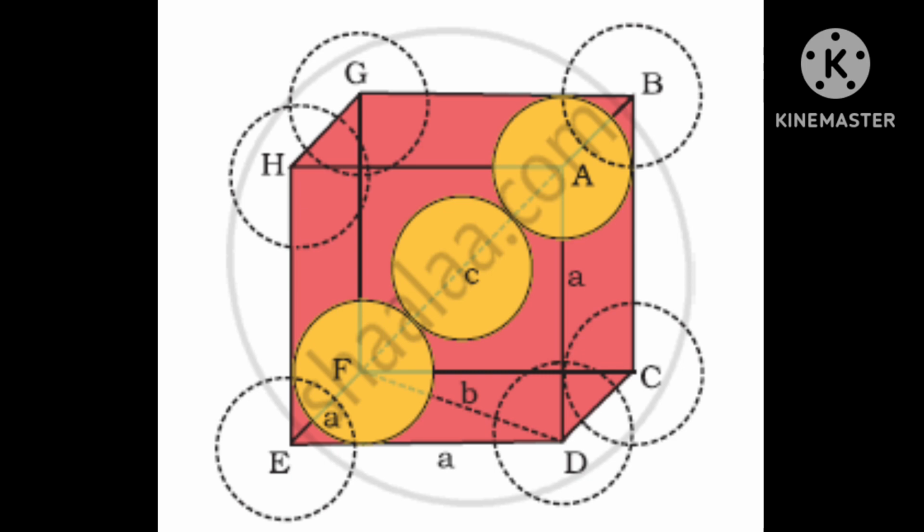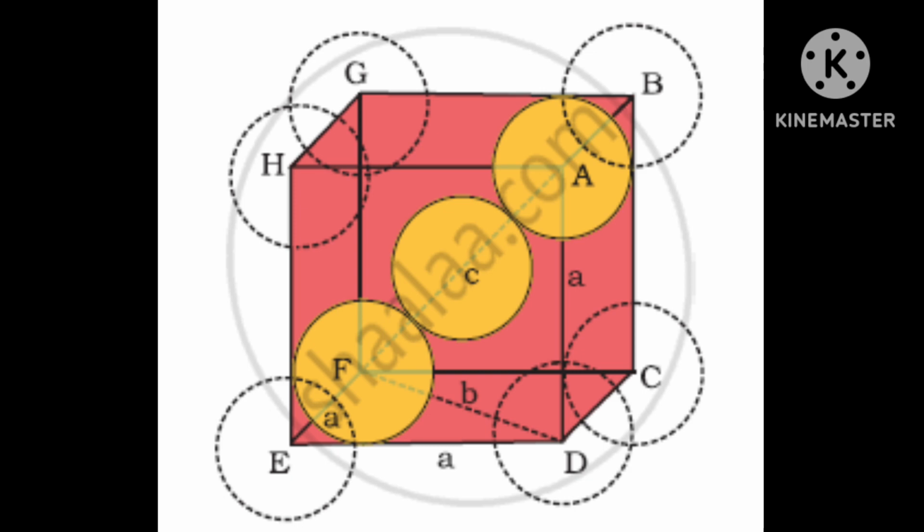That hypotenuse value you calculated as 4r in the beginning. So h is equal to under root 3 a, but this h is equal to 4r. Then 4r is equal to under root 3 a.